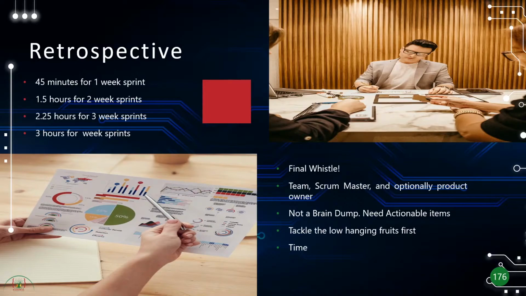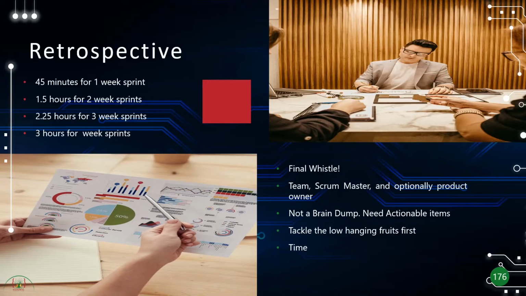It's not a brain dump, right? You need actionable items. The reason many times retrospective fails is you might just add some notes here and there and then just forget about it. That's not the way to go with it. When you note down items, you need to have some actionable items.